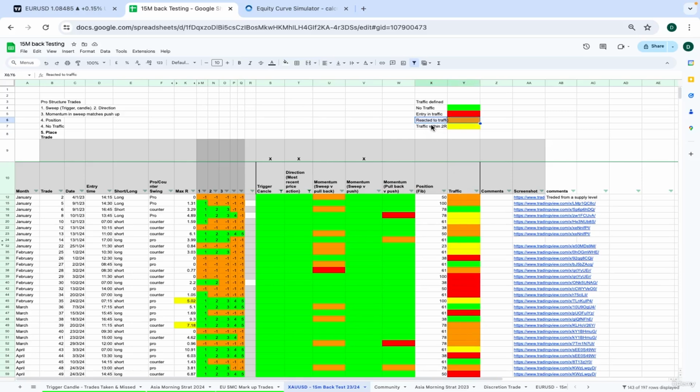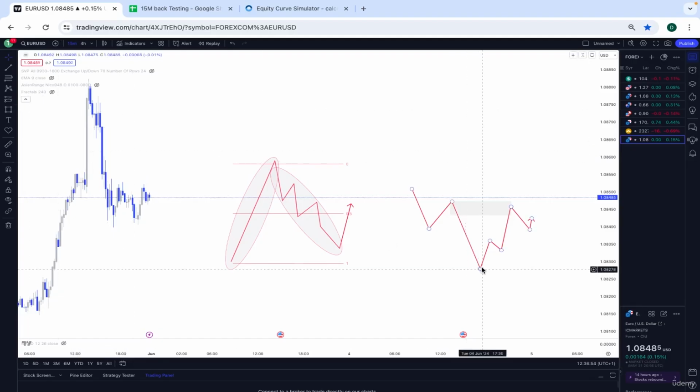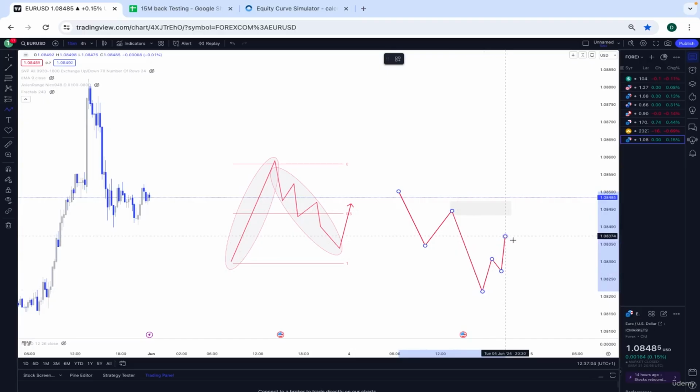And then this scenario here, traffic within 2R. So what that means is, let's say we print a bullish trigger candle here, but the nearest supply is less than 2R away.